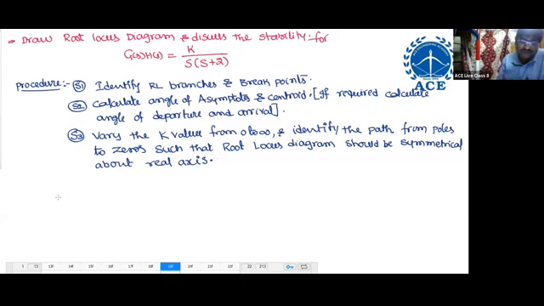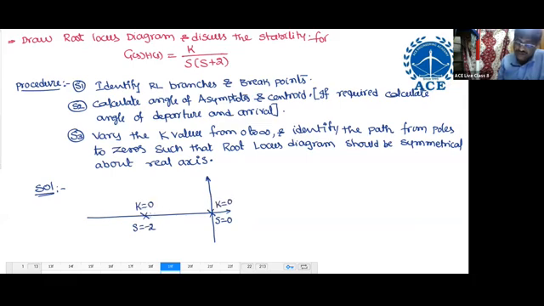Identify the root locus branches and breakpoint. Represent the poles and zeros in this plane. One pole at s equal to 0, one pole at s equal to -2.